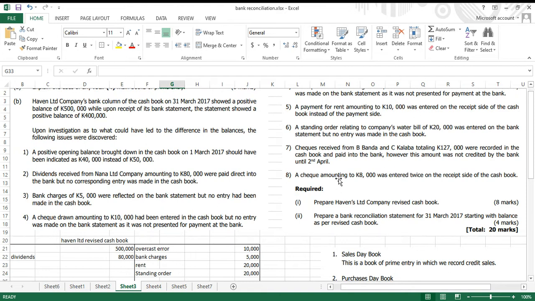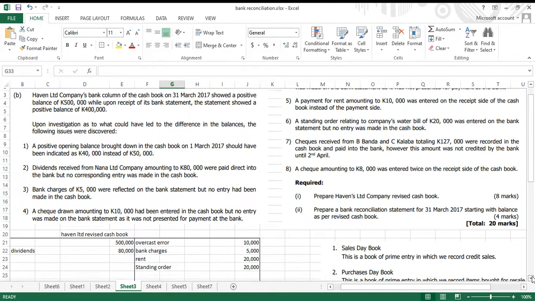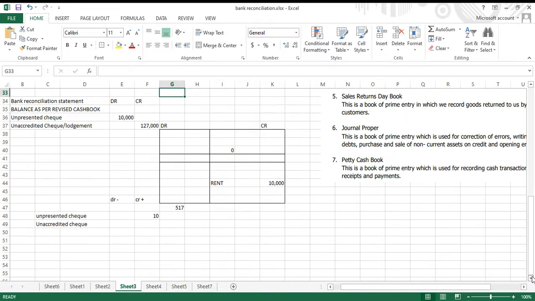A check amounting to 8,000 was entered twice on the receipt side of the cash book. So we received money. Let's just think of this as our cash book here. Received money, it's been entered twice, so received 8,000. But it's been entered twice, so basically we have 16,000 here. So what we have to do is correct this error because we have to remain with an 8,000 on our debit side.